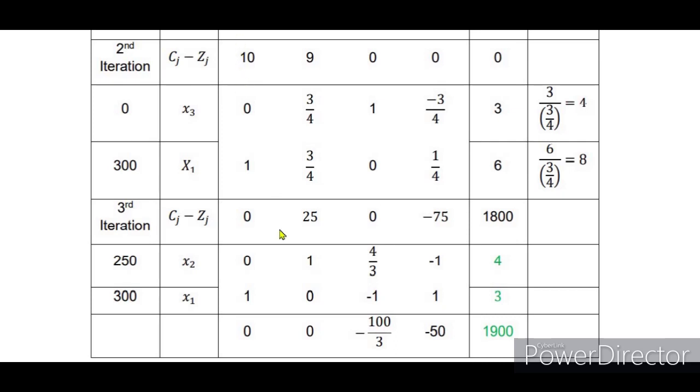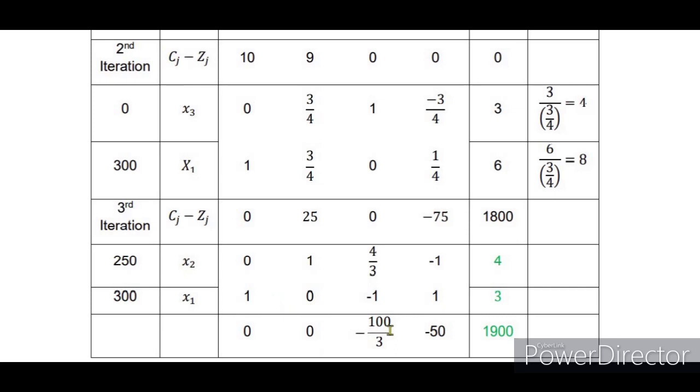So 300 minus 300 equals 0. Next, for the next column, 250 times 1 is equal to 250. So 300 times 0 is equal to 0. So 250 plus 0 is 250. And the value of the numerical coefficient under this column is 250. So 250 minus 250 is 0.